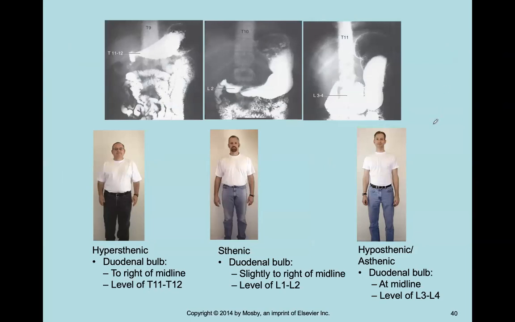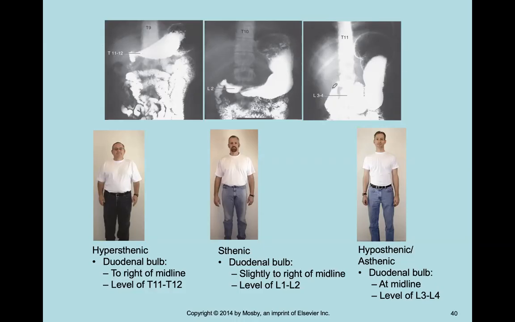Okay, and here we have the different images. If I show you, you will see these images actually on an assignment or a quiz. I'm not sure which one. You might see this one, this one, this one, or all of them. If you see this image and I ask you what the patient's body habitus is, you should be able to say hypersthenic because it's labeled T11, T12. Remember, I said, remember these.